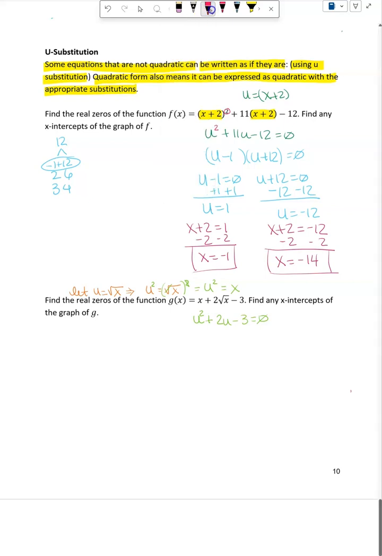We've been doing this kind of thing for a while now. U squared means 2 u's. Factors of 3. Well, we know he's prime, so that's only 3 and 1, right? This is opposites. That's subtract, so you know it's going to be plus 3 minus 1. Right? Now, set it equal to 0.